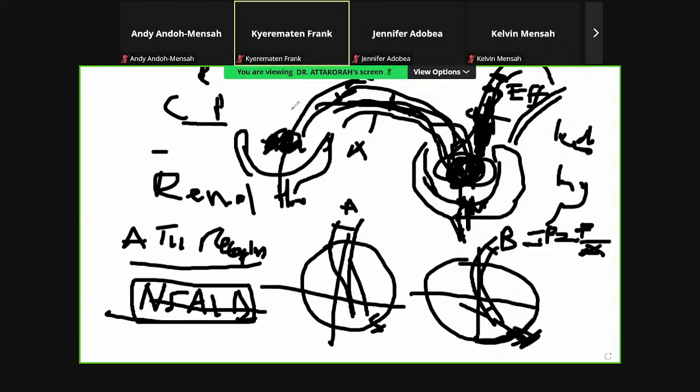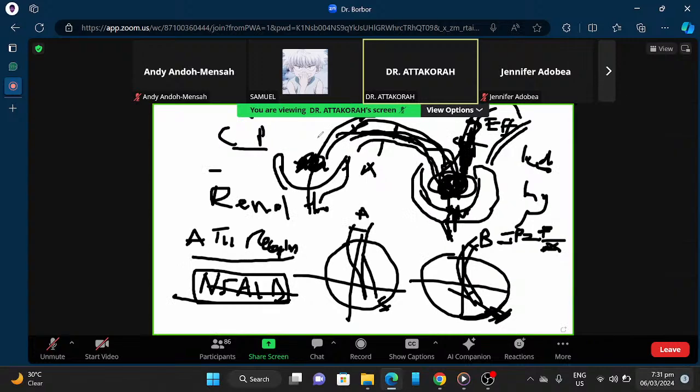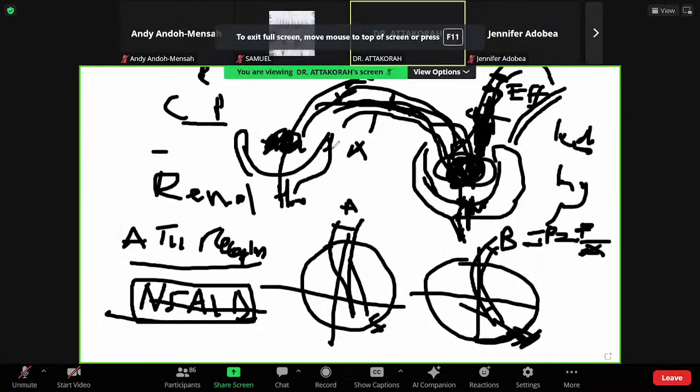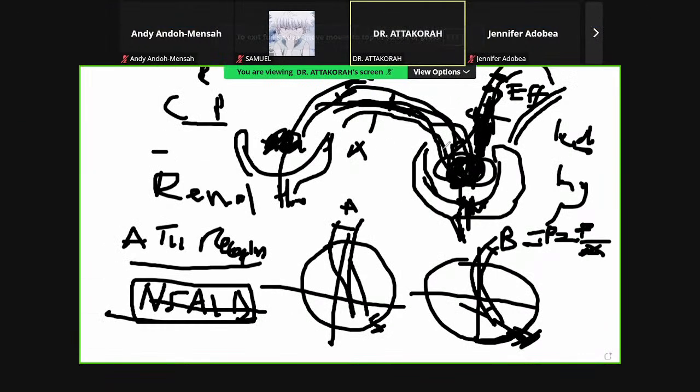So prostaglandin formation works locally. It's not what? Systemic. So what happens is that when you take NSAIDs, it will inhibit prostaglandins within the kidney. That is a local effect. Autocrine effect. I will talk about it later.